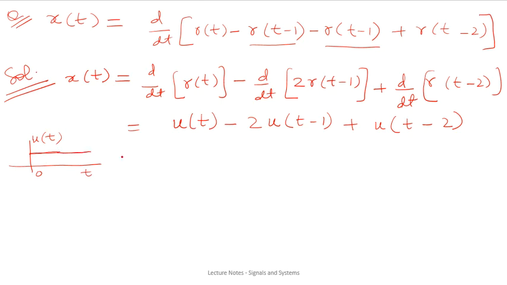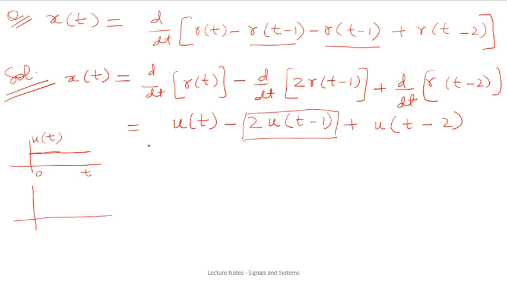Then minus twice of u(t−1). You can do both things here. Either you can just draw twice of u(t−1), which will obviously be a positive signal, and then subtract the second from the first.